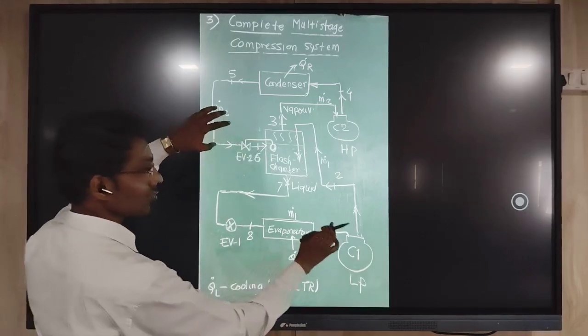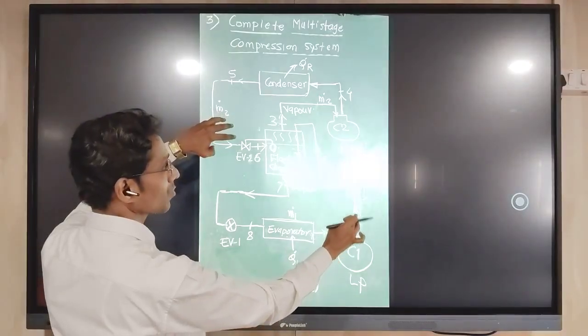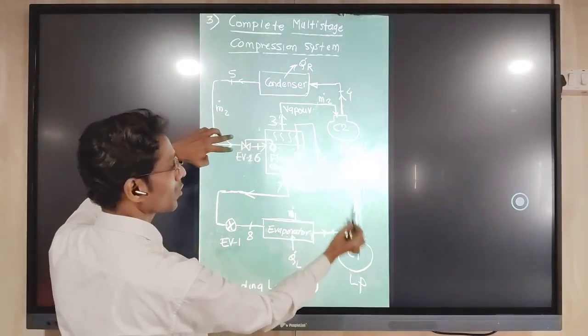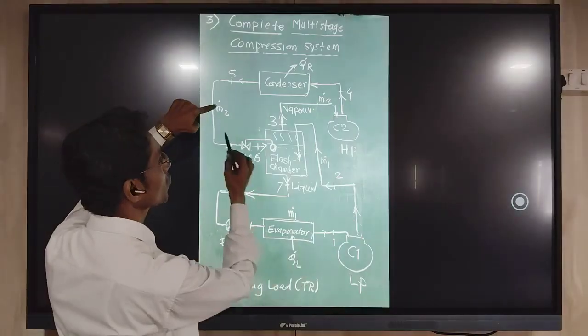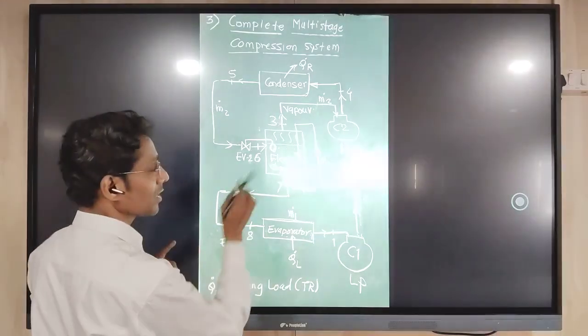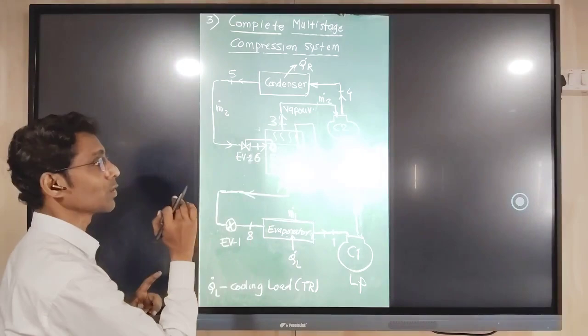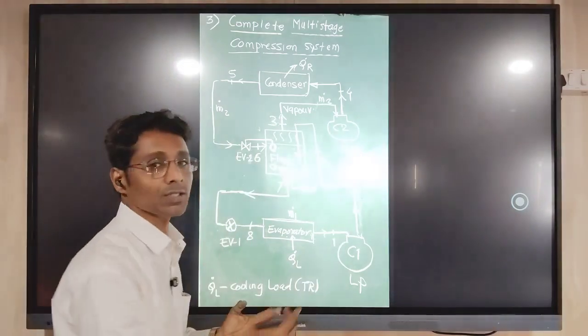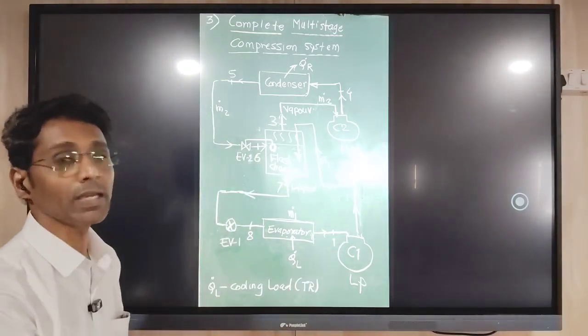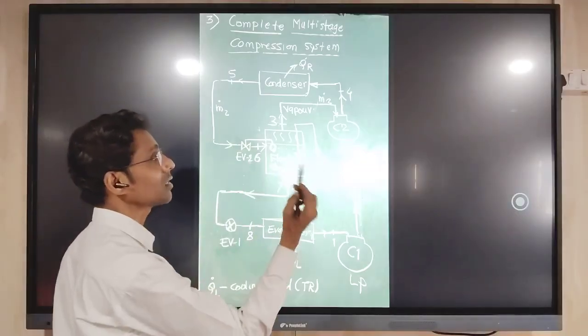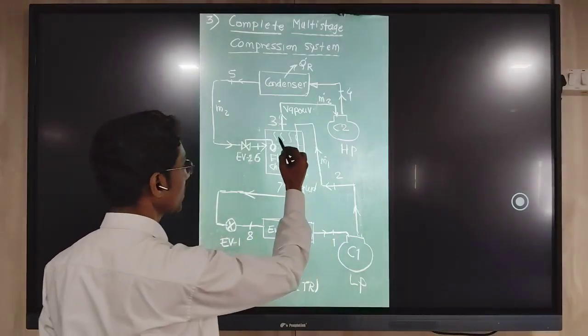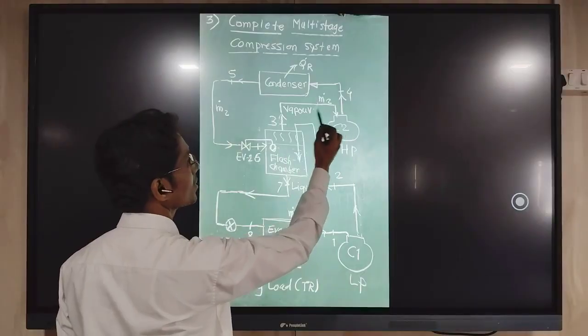So we have now seen 2 heat contents entering the flash tank: one is M1 dot H2, another is M2 dot H6. This will be on the left side of the equation. The right side of the equation will be the heat content leaving the chamber. Now here are 2 lines leaving. The first line, if you see here, is the line which is leaving.